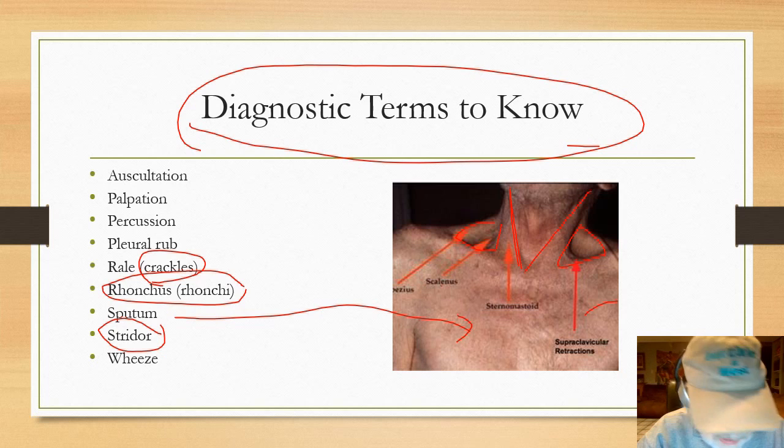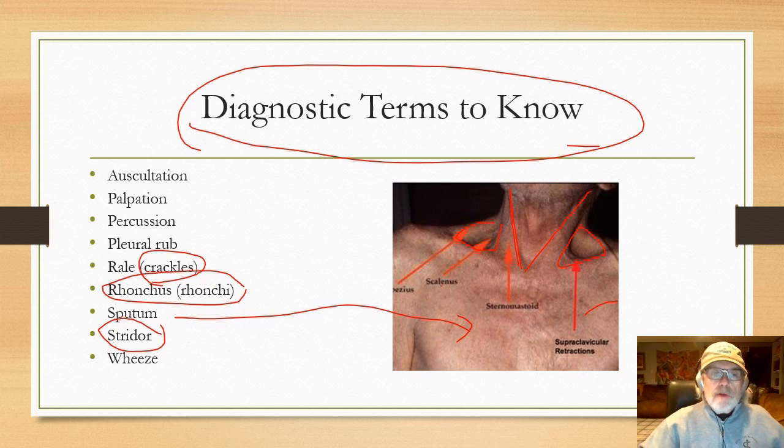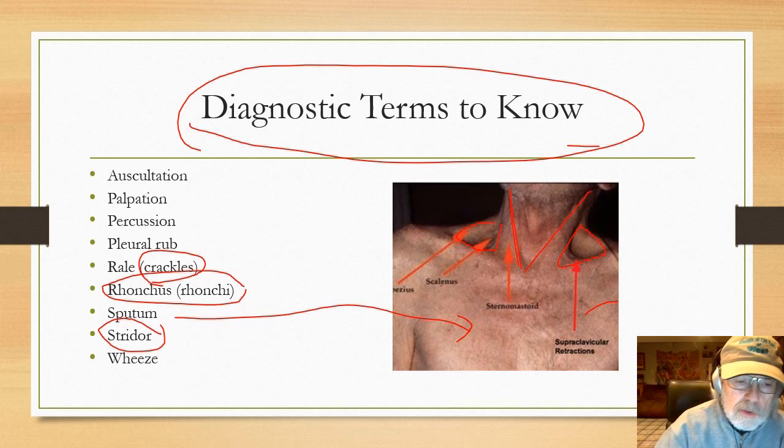You'll actually see it if somebody has asthma. They have trouble getting air out, and you see the stridor because the abdominal muscles are firing to try to push the diaphragm up to get the air out, because asthma is more of an air trapping type disease. Okay, which gets me to my next word, which is wheeze.